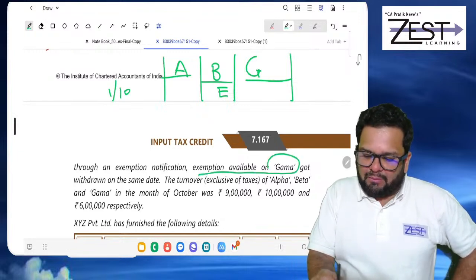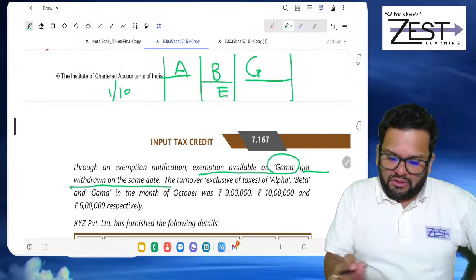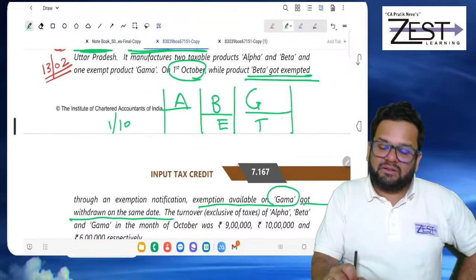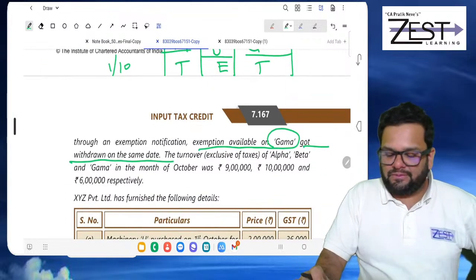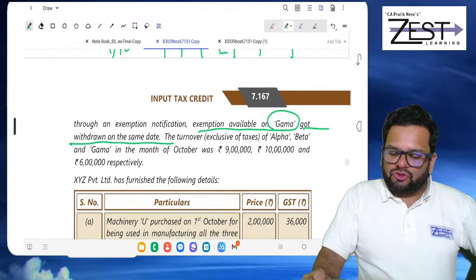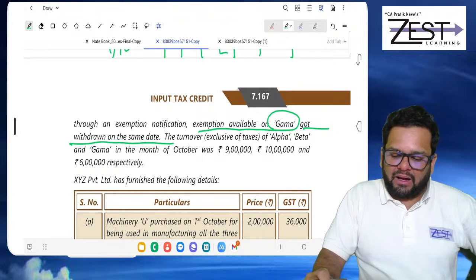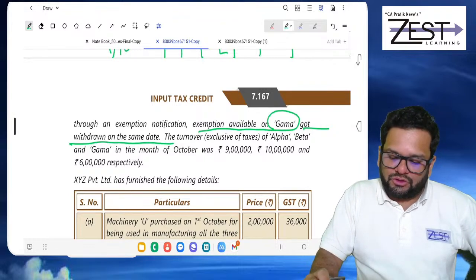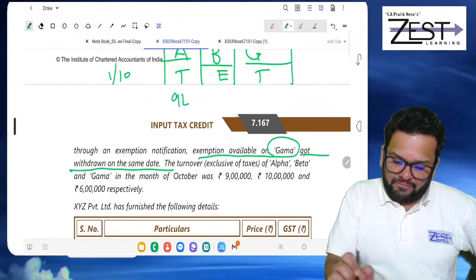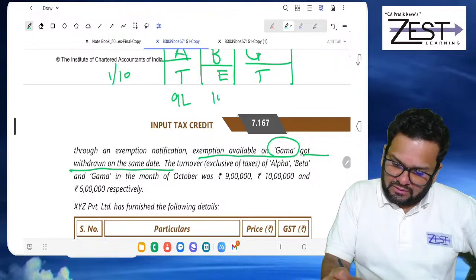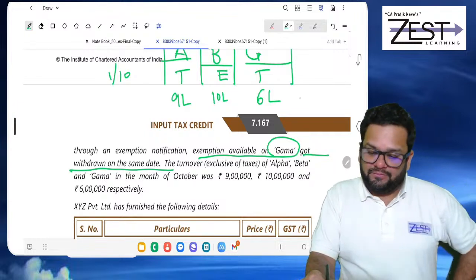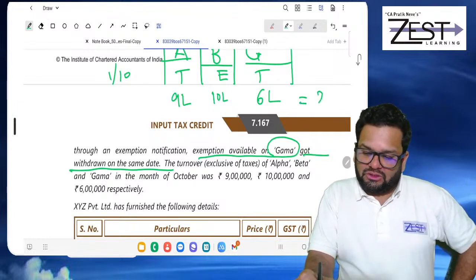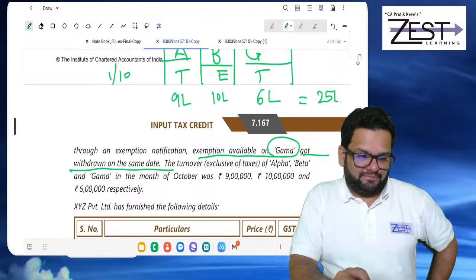Exemption available on gamma got withdrawn. So in short, gamma has become taxable and alpha was taxable from earlier only. Turnover inclusive of taxes of alpha, beta and gamma in the month of October was 9 lakh, 10 lakh and 6 lakh respectively. So you can see total turnover is 25 lakhs.